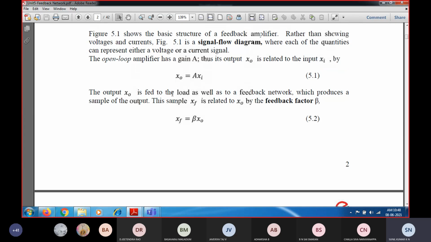The output X naught is fed to the load RL, the load block, as well as given as input to the feedback network, which produces a sample of the output that is provided, and Xf is the output of the feedback signal. So X naught acts as the input to the feedback network.